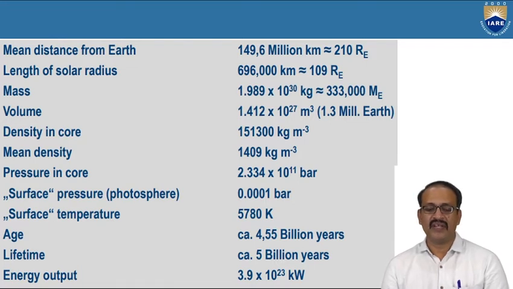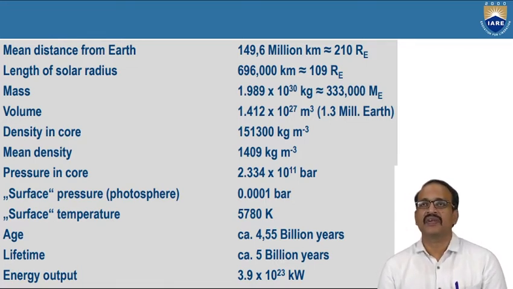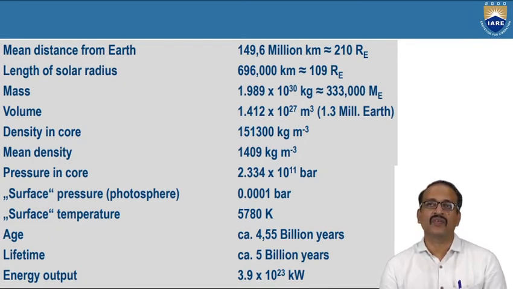So what is the mean distance from the Earth to the sun? That is 149.6 million kilometers.